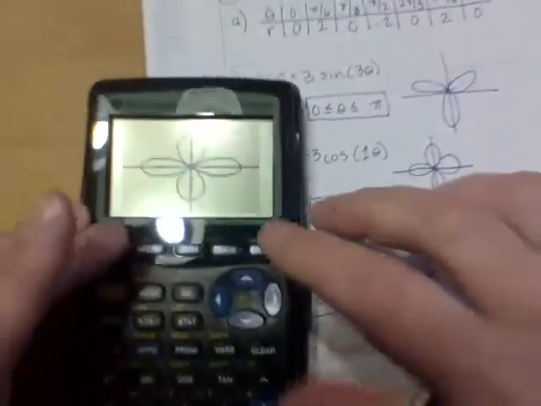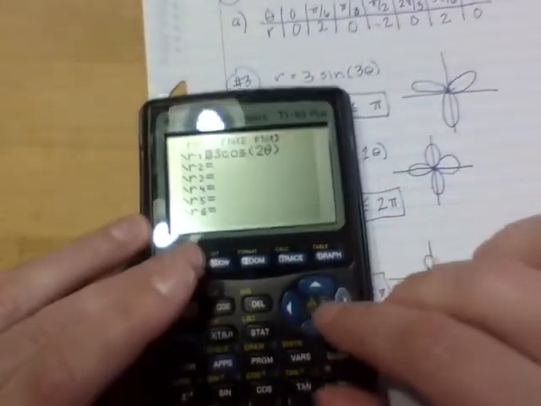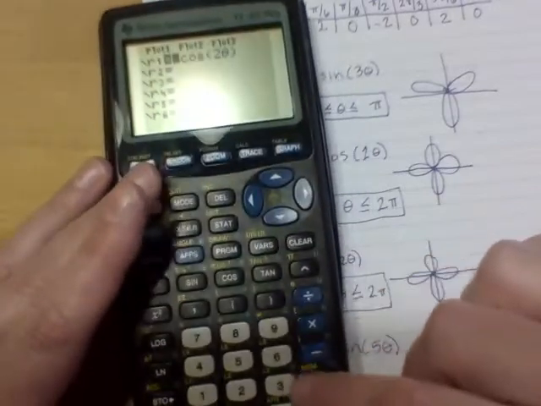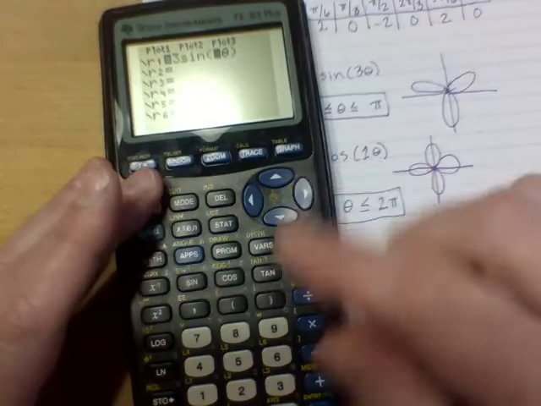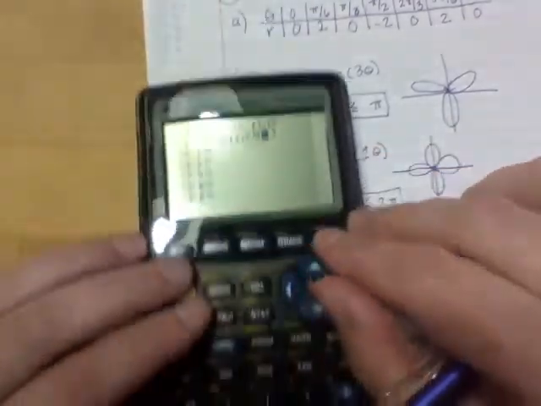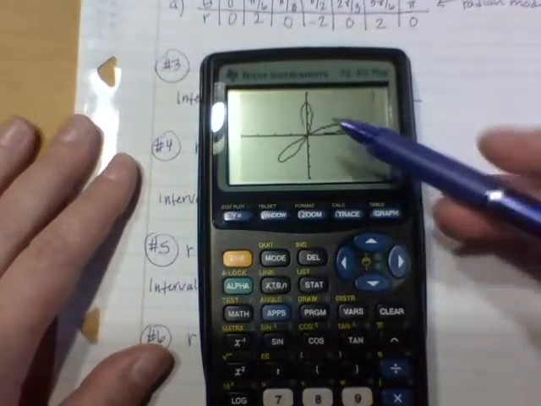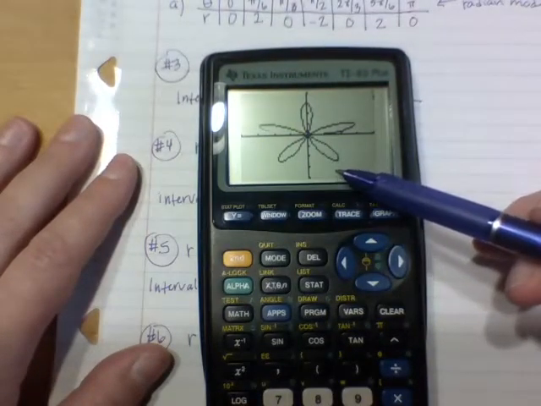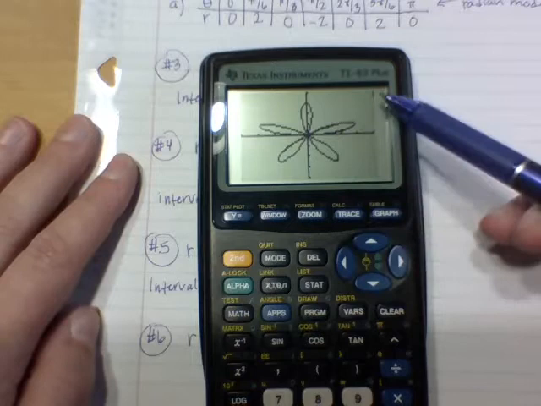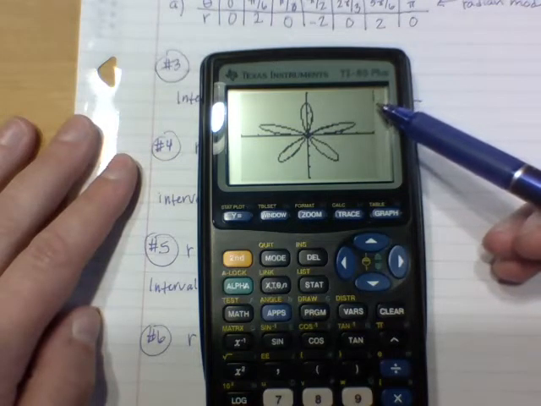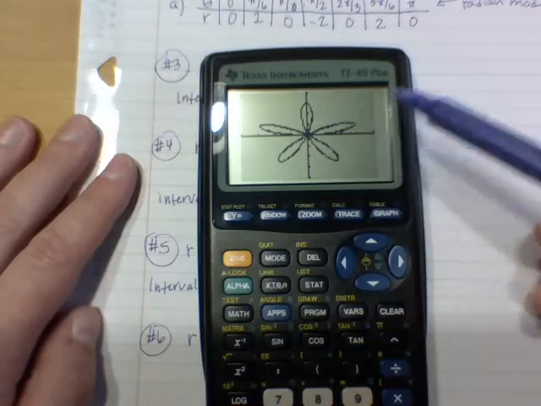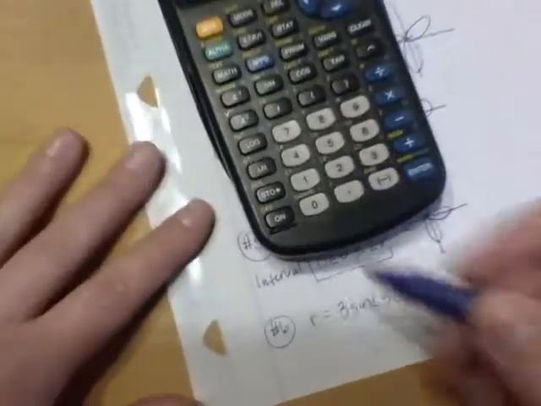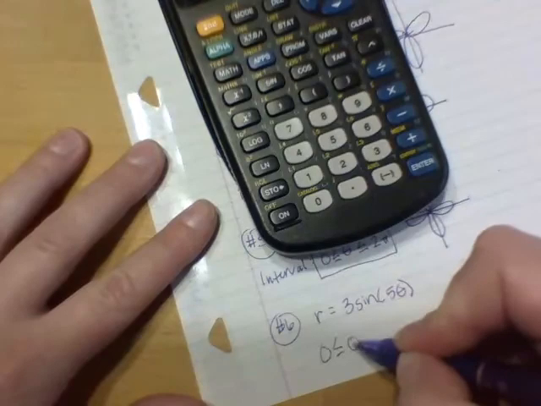And so keeping the same interval here, we're going to type in our 3 sine of 5 theta. So again, 5 petals because of the 5 inside of the sine. And then notice it's still working here, and you can actually see it redrawing.